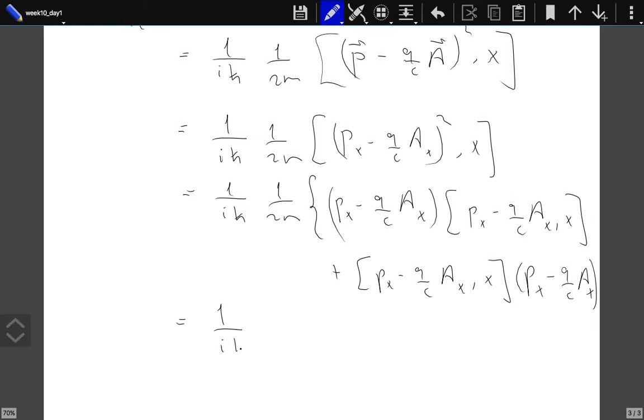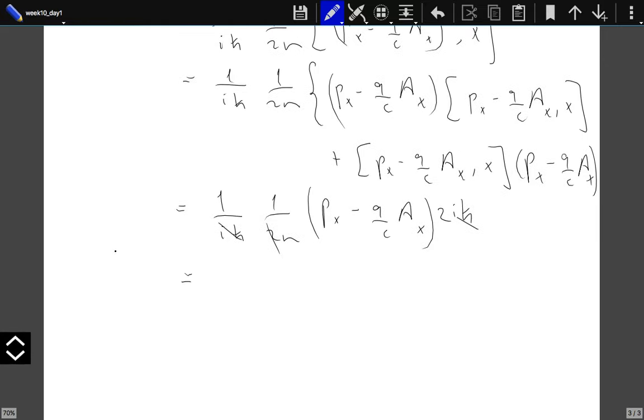So this will be equal to 1 over I h bar, 1 over 2m, Px minus Q over C Ax. That commutator will be I h bar. Both of them will yield the same thing, so 2 I h bar over 2 I h bar. So dx by dt is equal to 1 over m, Px minus Q over C Ax.